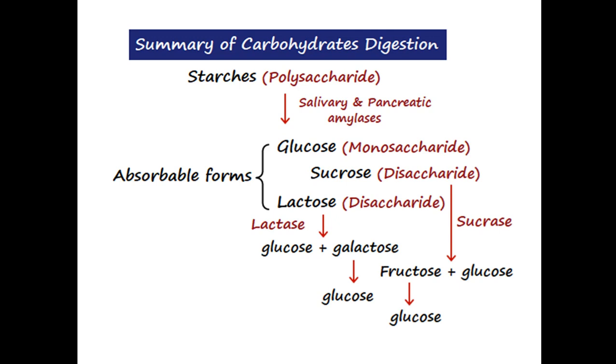Fructose is further broken down in the body into glucose. And the milk sugar, lactose, which is a disaccharide, is broken down by the enzyme lactase into glucose and galactose. And galactose again is further broken down into glucose in the body. And finally, we get glucose as the major source of energy, which will enter oxidative phosphorylation to yield energy.